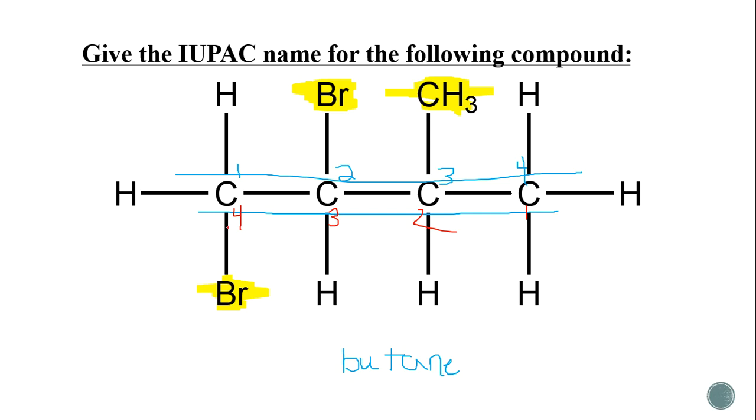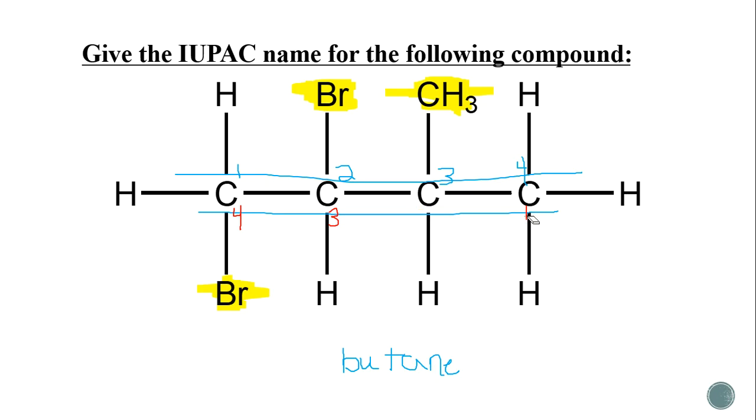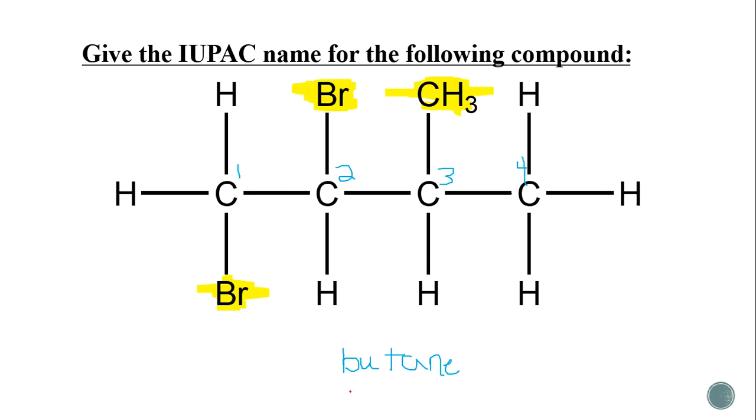If I use the blue numbering system, my substituents are on 1, 2, 3. So again, we're going to use the blue numbering system, not because it's conventional, but just because our substituents are on the lower number of carbons. Okay. All right, so we numbered, we have our base.